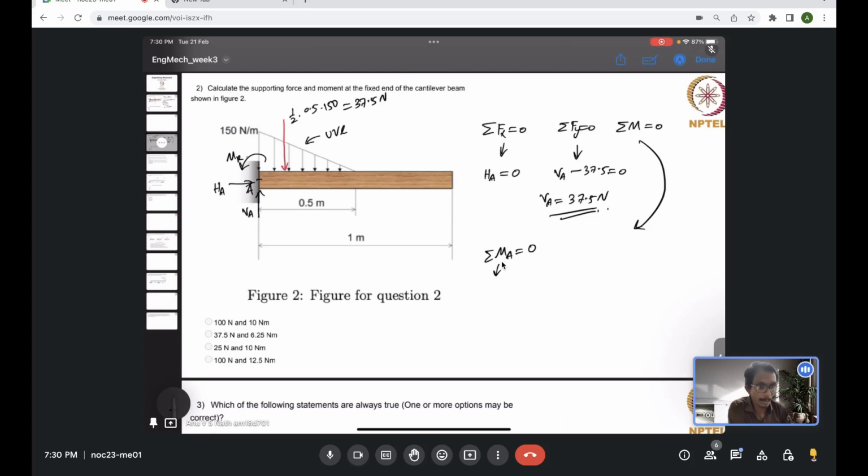It does not require a force to exist. It's a moment, not a force. So MR should be there. It's acting counterclockwise, so we'll take counterclockwise to be positive, just the convention.